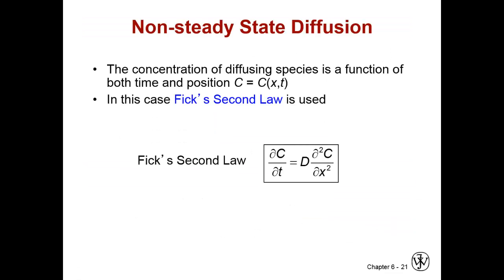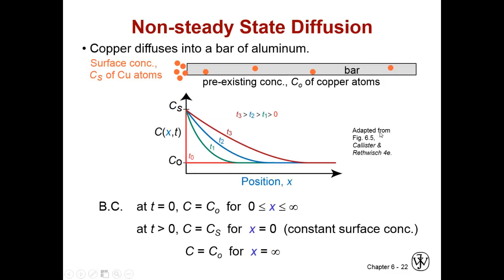Fick's second law states that the concentration is a function of time and position. So you need to take a partial differential equation and solve it. By doing so, we end up with these types of curves for the concentration at different times.